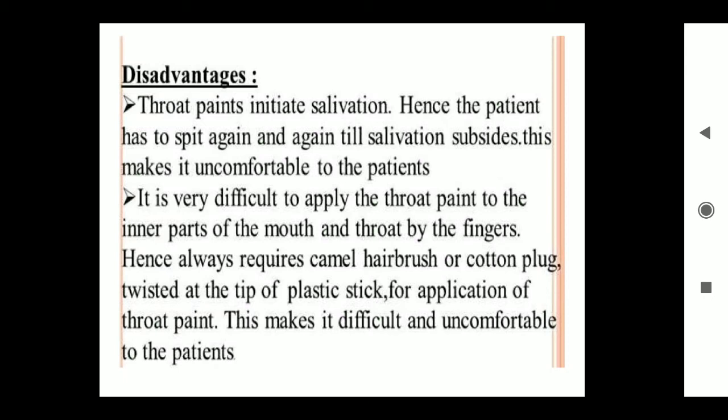This is uncomfortable to patients. Throat paints are difficult to apply to the inner parts of the mouth and throat with the fingers, so a special hairbrush or cotton plug can be used. In some cases, a plastic stick can be twisted and used for application.